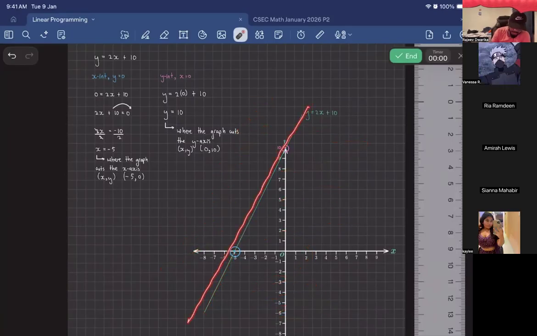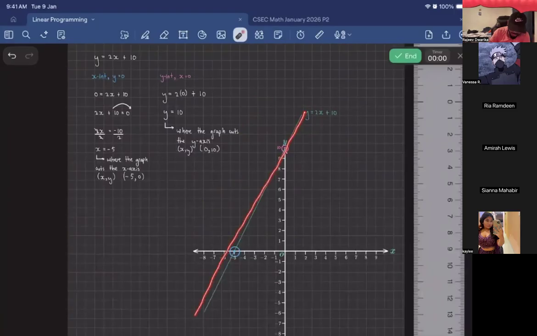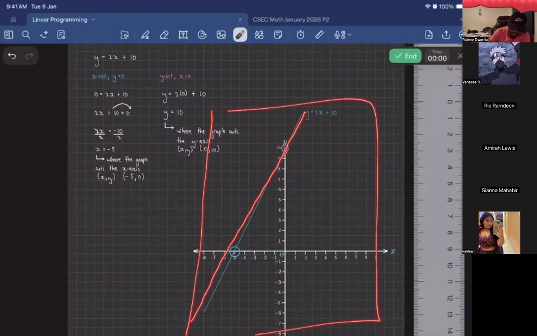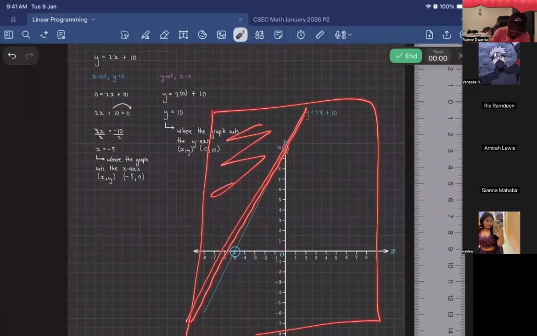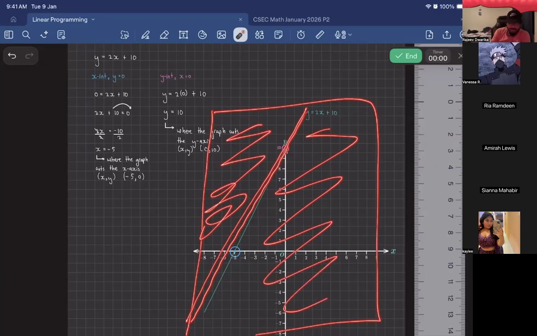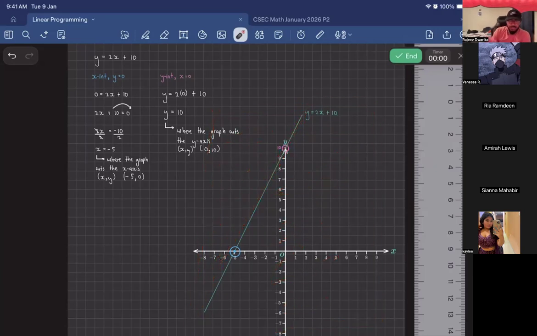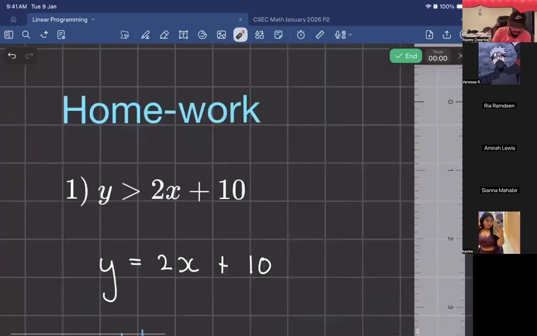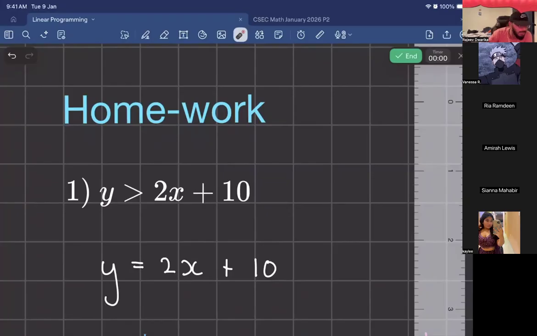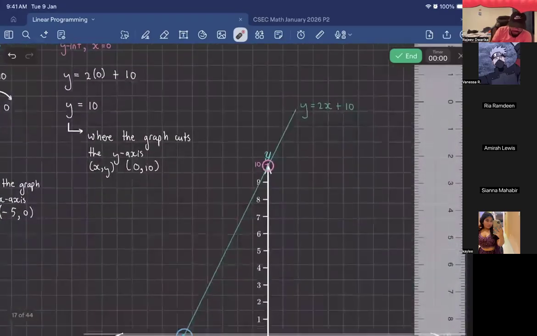Imagine there's a box, and this line is cutting it into one segment there and another segment. And Keely, we wanted to figure out where y was more or less. Y was more. Exactly.